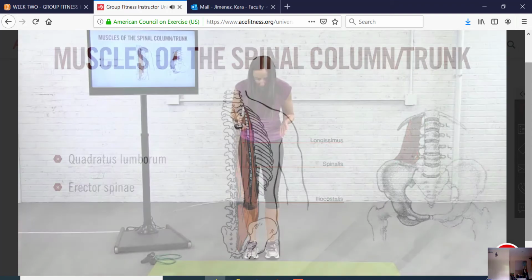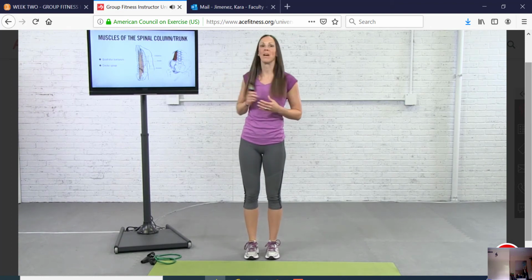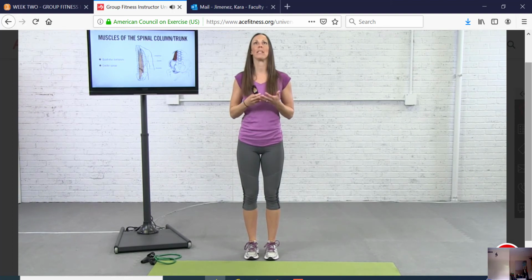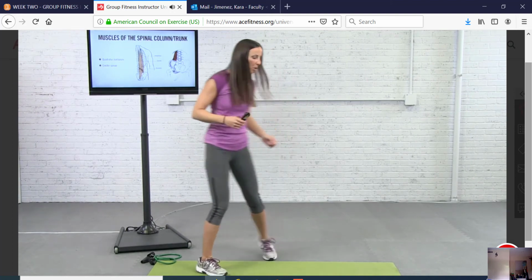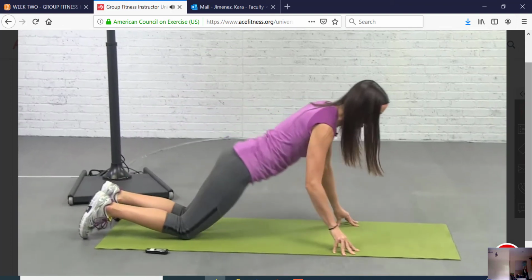In addition to flexion of the spine, we can extend the spine. There is a band of three muscles called the erector spinae that primarily serve in bringing the body into extension. I'll come down one more time to the floor to show you an exercise for the erector spinae.